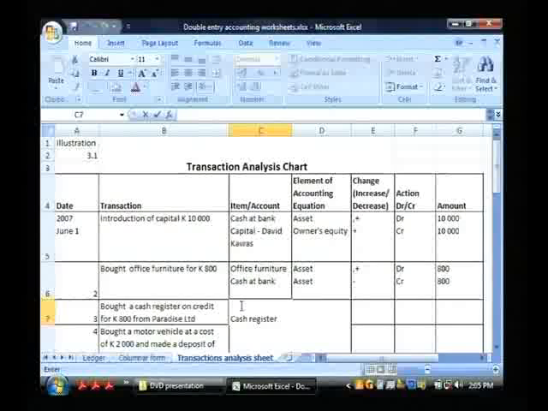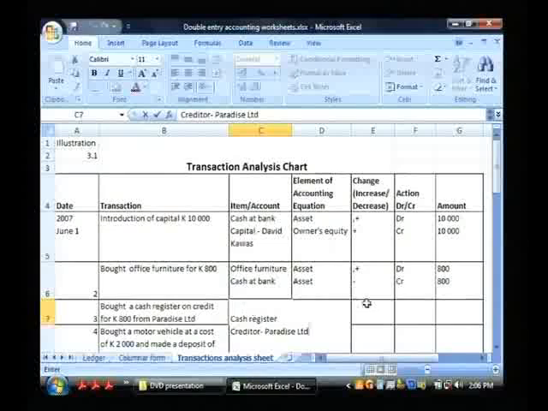When goods or equipment or whatever you purchase from the creditors or on credit, then the liability is creditor. We always write the name of the creditor. Here it is Paradise Limited.